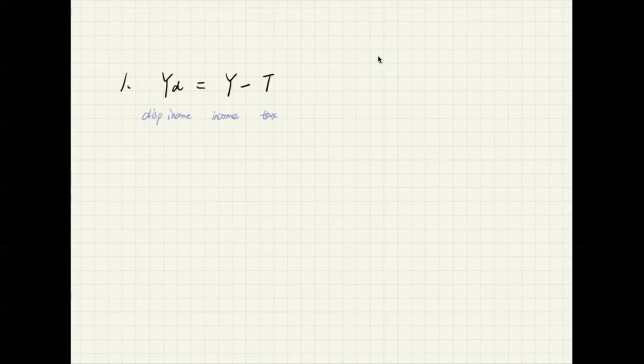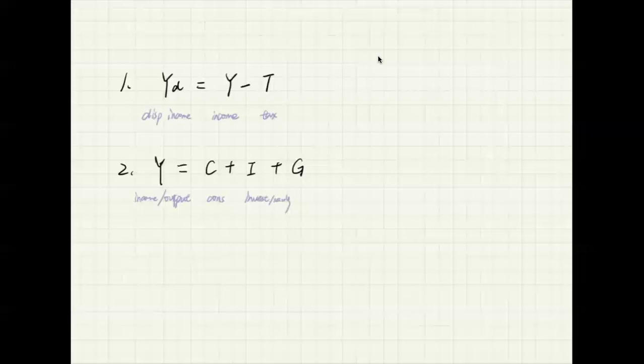And the next equation that you need to memorize is our old friend, okay? Y equals C plus I plus G. Do you remember what these things mean? Y means income or output, right? C is consumption. I is investment or saving. Actually, for our personal account, it will be saving, right?